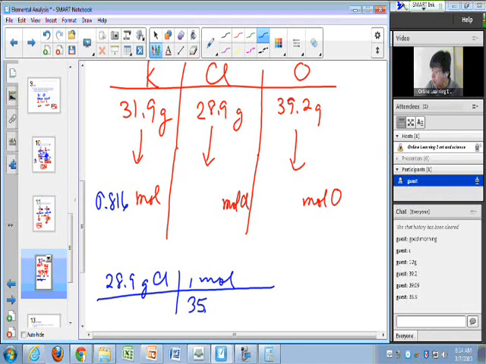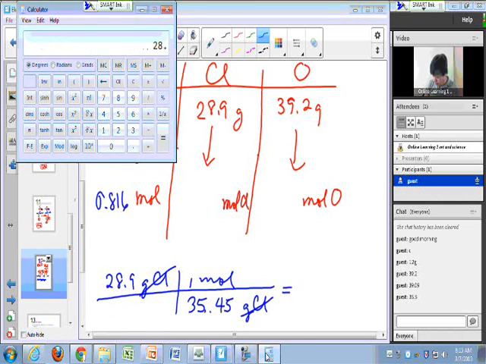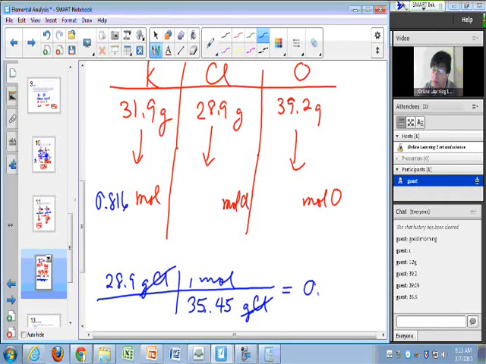I think you have to do one more sig fig. It's 35.45, right? 35.45 grams of chlorine. So 28.9 divided by 35.45 gives us 0.815. Please sig fig, 0.815.